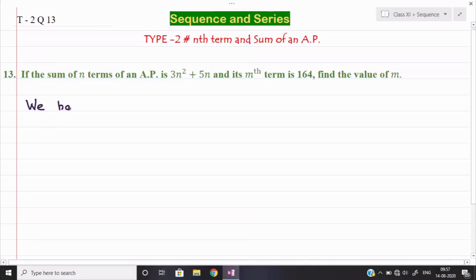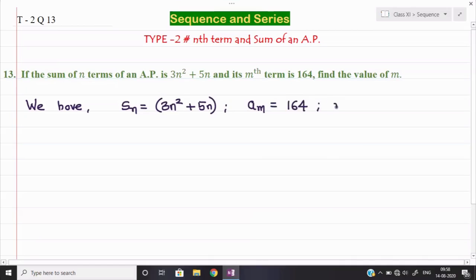First of all, see the value of Sn we have given here as 3n square plus 5n. That is the one thing we have given. Second, we have given here the value of am is equal to 164.